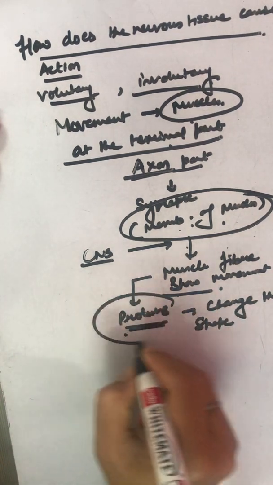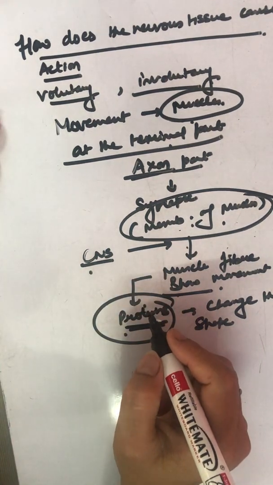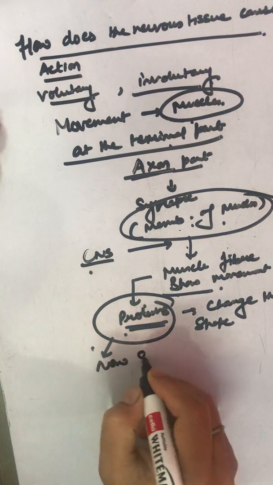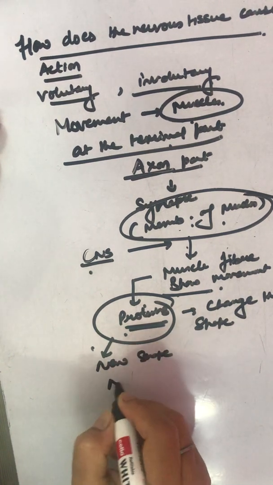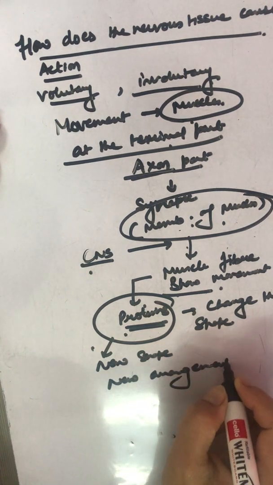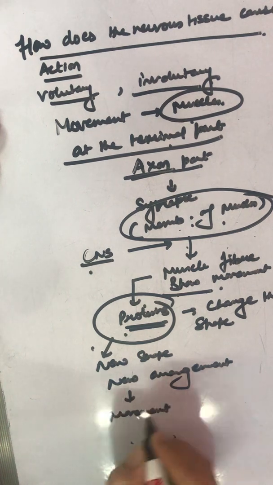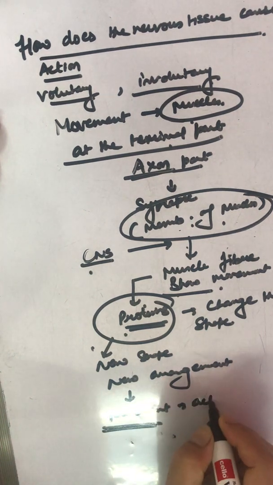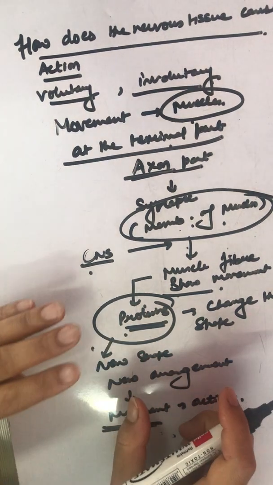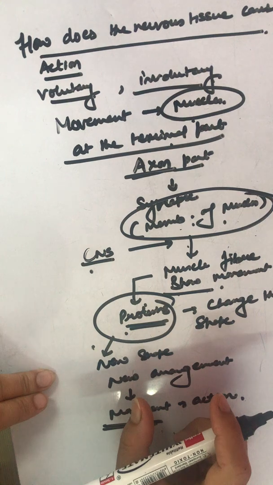So when the proteins change shape because of the action of CNS that has come, automatically a new shape and a new arrangement is made, which causes movement and action is performed. Clear? This is how the muscle tissue or the nervous tissue causes action.